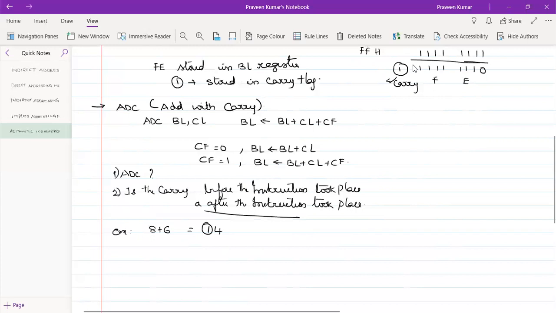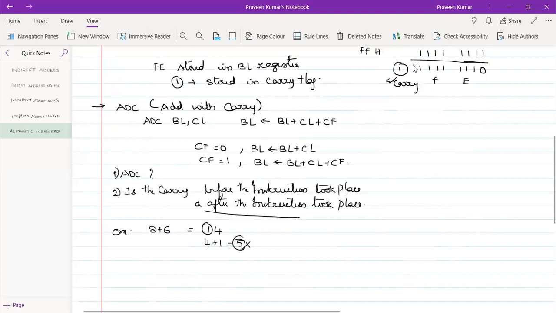So I cannot take a carry from this and make 4 plus 1 to make it 5. This is not the way that we do. So it cannot be a carry after the instruction took place. So definitely it is the carry of the previous operation.